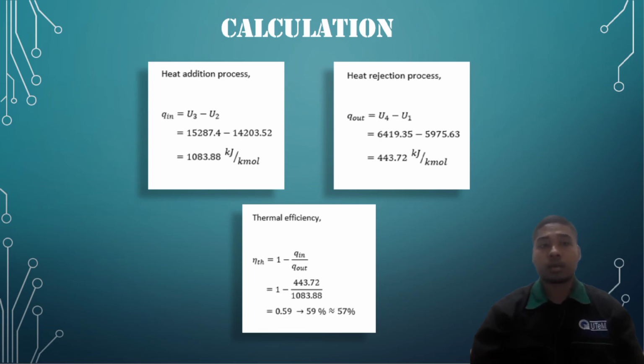So for the thermal efficiency, we can easily see after evaluating heat addition and heat rejection that the result is 59%. However, the efficiency will decrease because there is an equivalence ratio of 0.319 in case of considering heat losses, friction and other things. So the overall efficiency will be 57%.